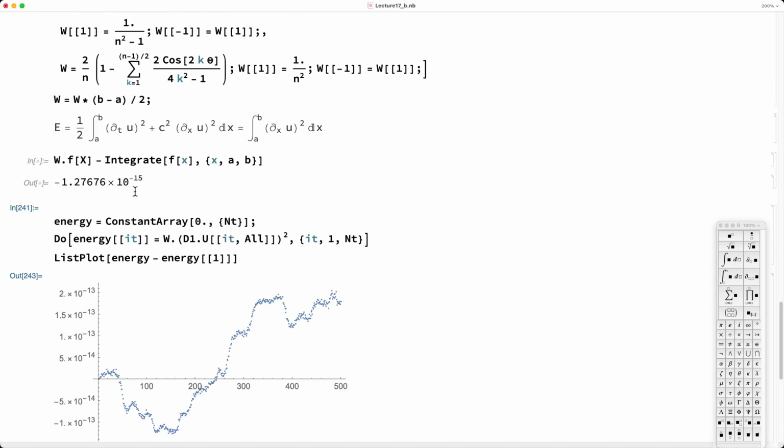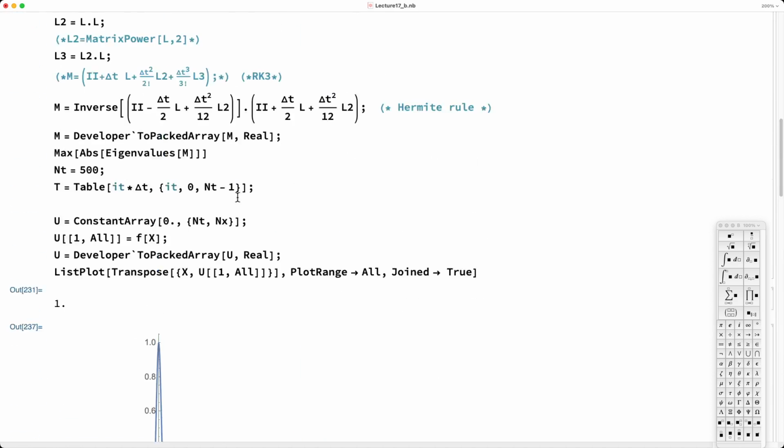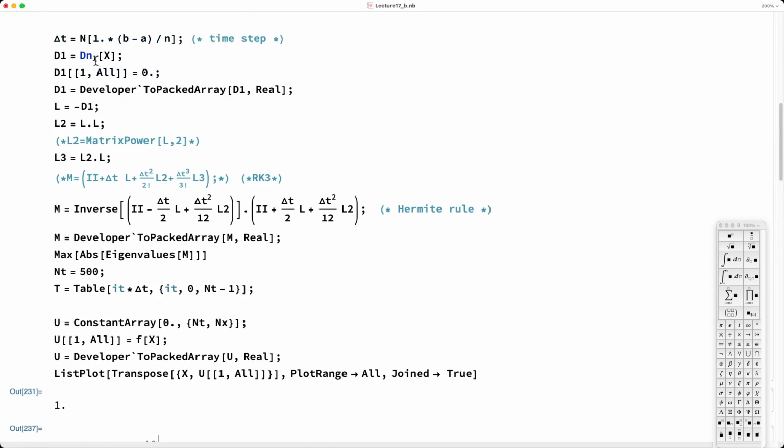So essentially now energy is exactly conserved because our formula is time symmetric, and we're not restricted by delta t, so you can take as large a delta t as you want. The eigenvalue is still going to be 1, so that method is unconditionally stable.